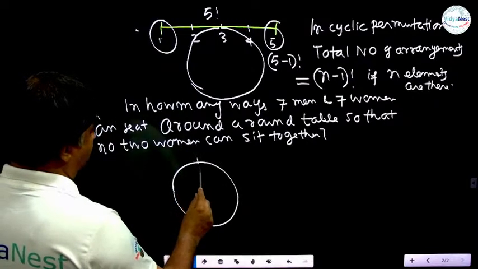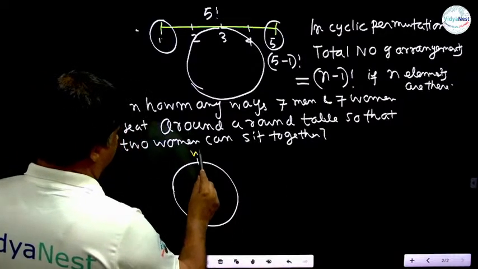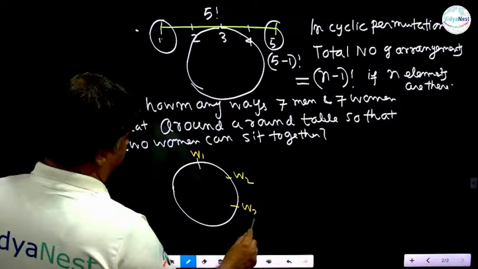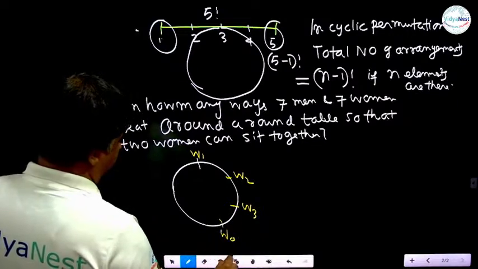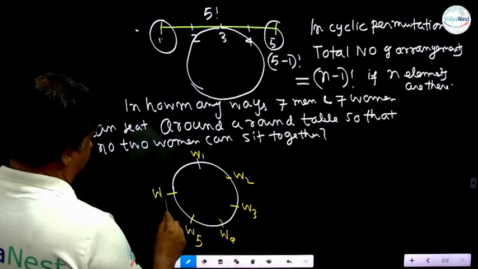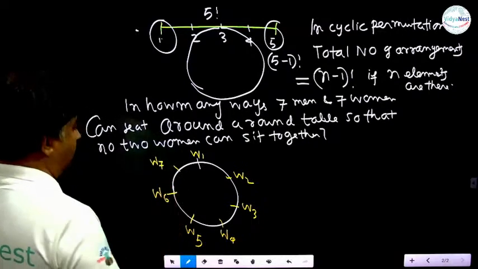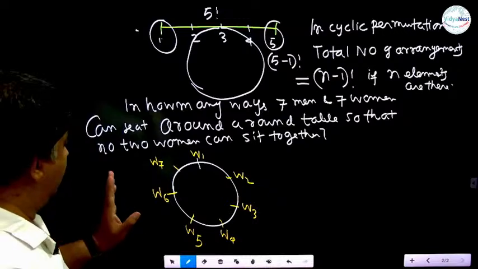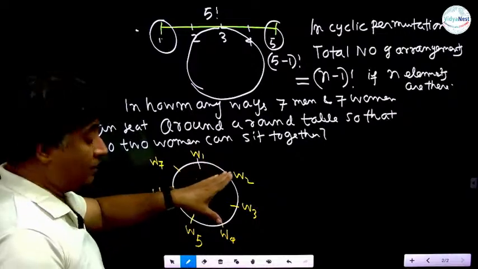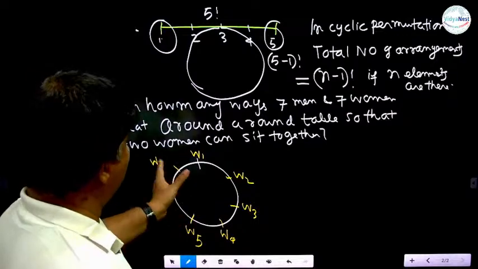So in a round table, first we will fix 7 women. W1, 7 women. Now you observe that 7 women, when placed in symmetry around the table, then how many empty spaces are formed between them?